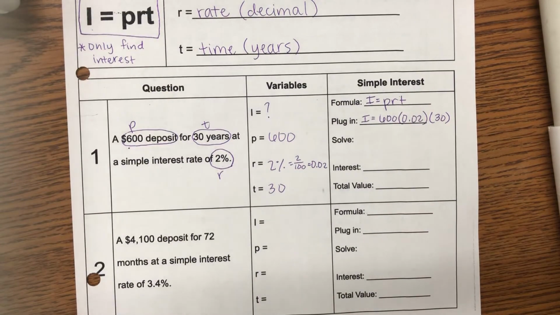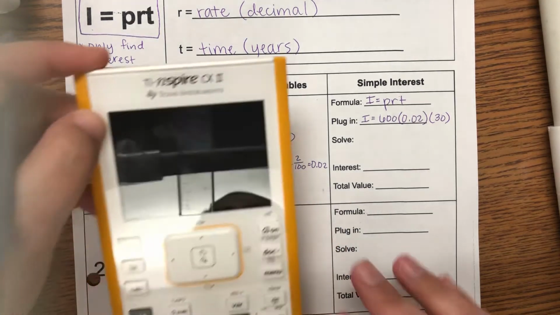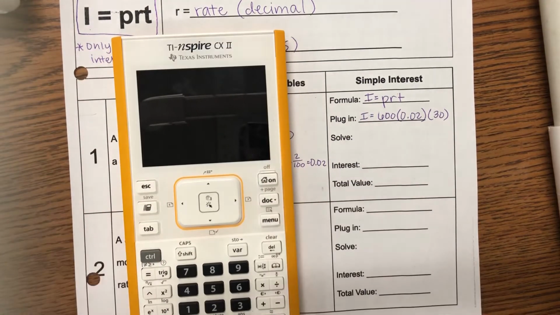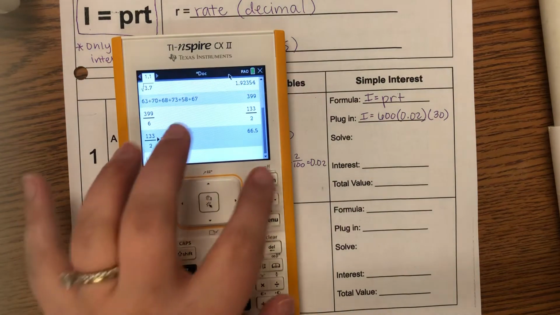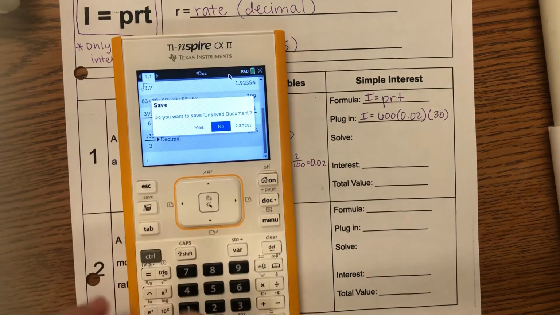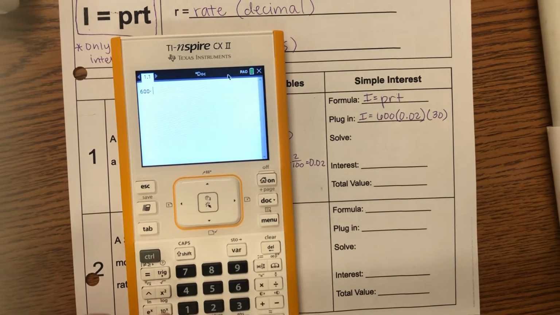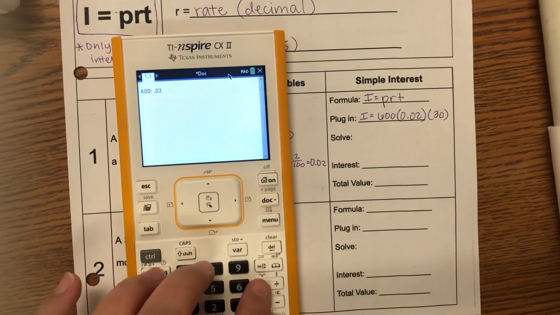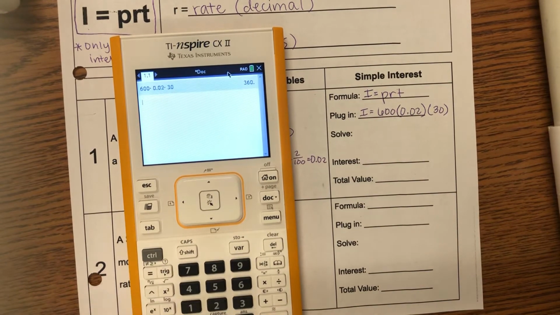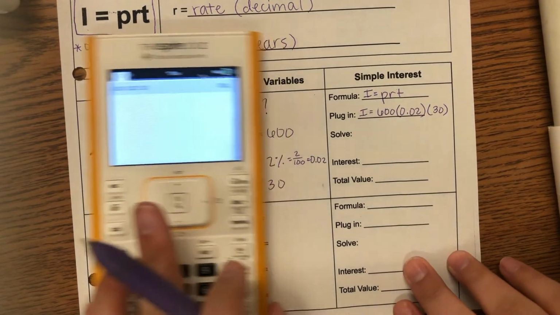And now all I have to do is solve. So you get your calculator out, and now I just type this in. So I have 600 times 0.02 times 30, and I get 360.